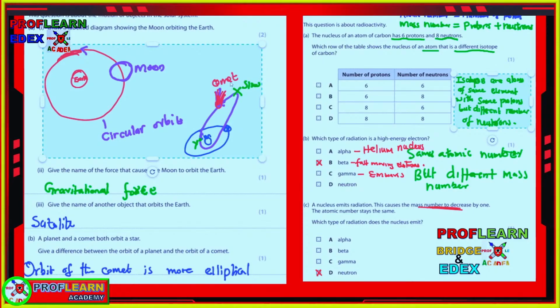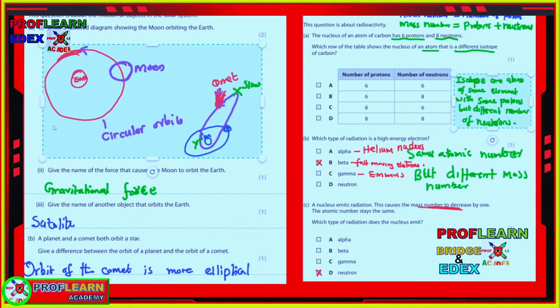So the orbit of a comet is more elliptical than the orbit of a planet. Both a comet and a planet orbit the sun or the star, but the orbit of a comet is more elliptical. So what mattered most in this exam is for you to understand the moon orbits the earth, and its orbit is circular, and that is exactly what I have displayed here.